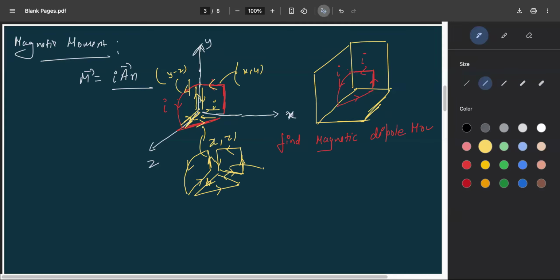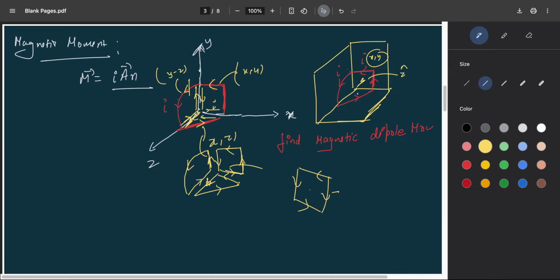Can you do it here? Because you know the separate loops: the area you know, the current you know. The magnetic field due to this plane will be in the z direction, because here you are in the x and y plane.